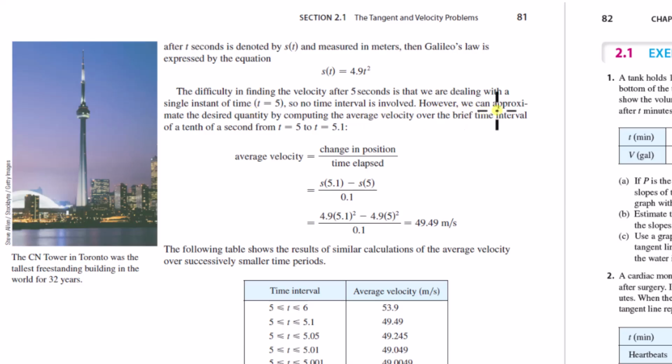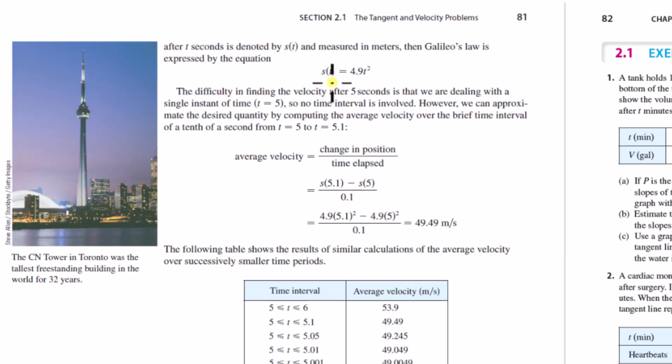We can estimate the desired quantity by computing the average velocity over the brief time interval of a tenth of a second, from t equals 5 to t equals 5.1. So here's the position function. At time t equals 5, what's the position?